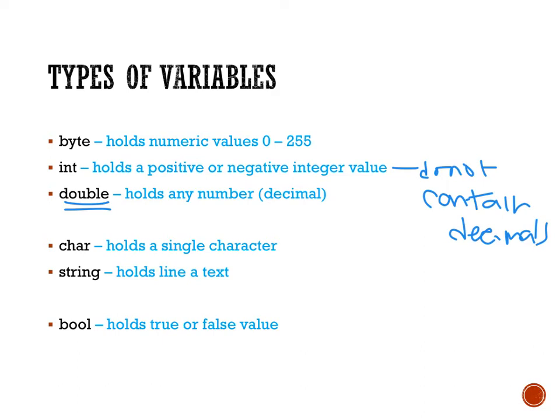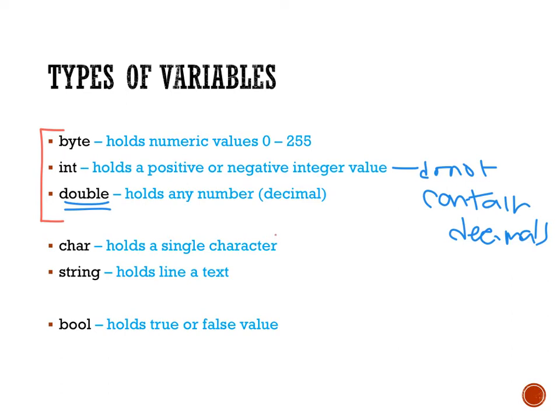So basically byte, int, double, as you grow from byte to int to double, you are holding a larger set of numbers. You go from 0 to 255, then to a larger set of integer numbers, and then to a larger set containing decimal numbers. So these first 3 here are the number variable types that you can have.